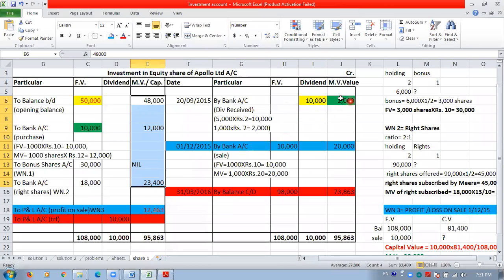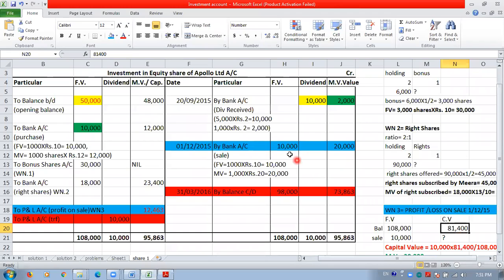So only 2,000 is the credit. Add 48,000, 12,000 and 23,400 and deduct this 2,000, so the amount is 81,400. So when the balance of face value is 1 lakh 8,000, at that time the cost value is 81,400.